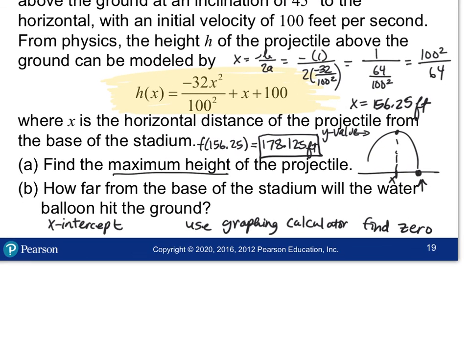Unless you just really wanted to solve the equation where you'd go 0 is equal to -32 x squared over 100 squared plus x plus 100, but like who wants to do that math, right? So if you just use a calculator and solve that, find the 0, it's pretty much straightforward.